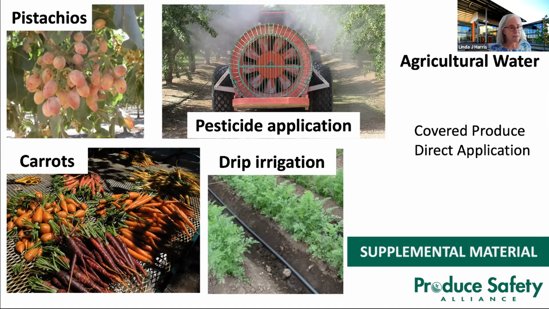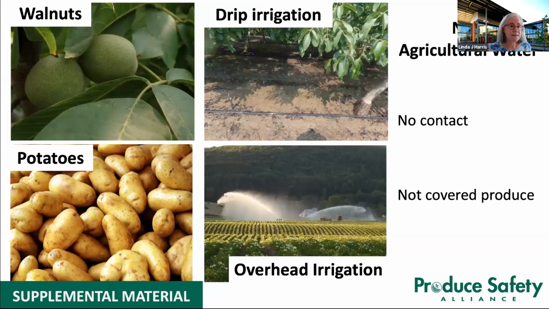In both cases, these are applications of water that would likely or intended to contact the produce. And with the carrots, they're growing underground, the produce item is underground, the water is intended to contact the produce in that particular case.